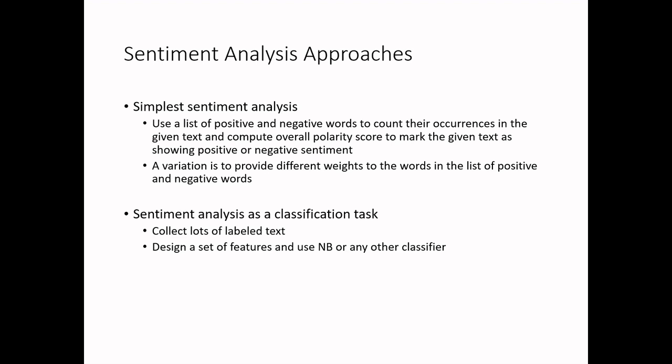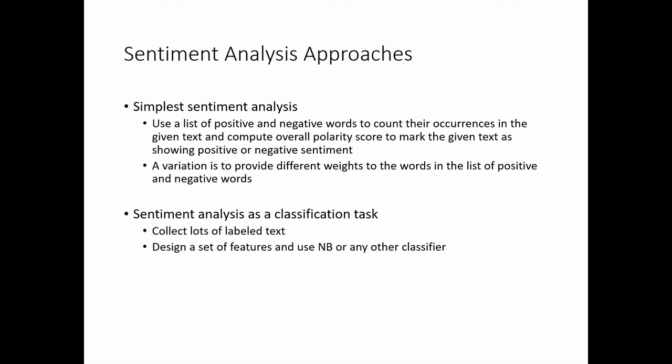Count how many of them are present, which ones are present, and what their respective positive or negative weights are, and it finally gives you a number. That number tells you whether it's positive or negative. It's a very simple approach. Obviously, this works to some extent, but it's not a great approach.